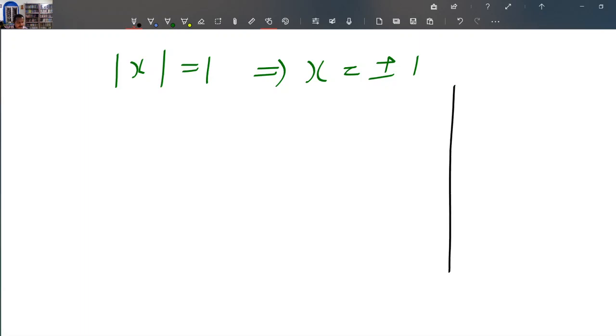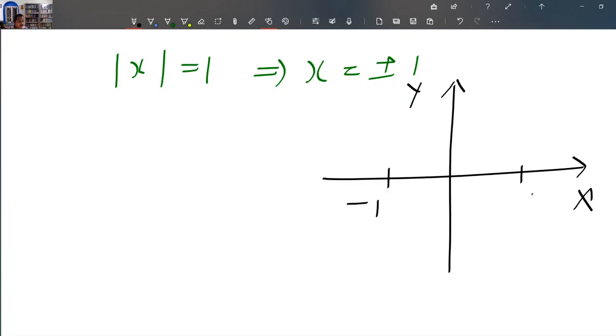So in that case, modulus of x equal to 1 implies x is equal to plus or minus 1. So in this case, on our unit circle, y varies between minus 1 and 1. Suppose this is the x-axis and y-axis; this is minus 1, 0, this is 1, 0, this is 0, 1, and this is 0, minus 1.